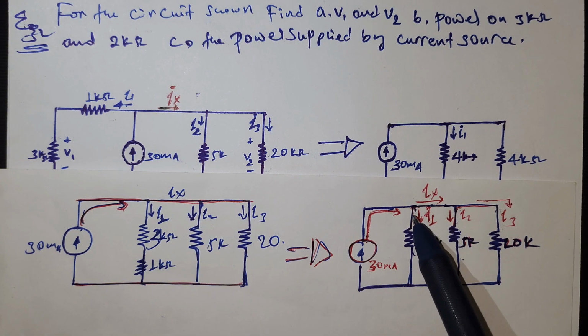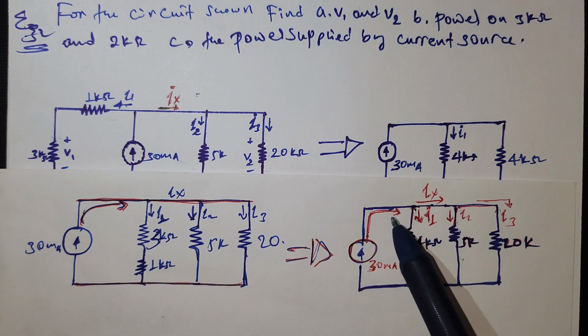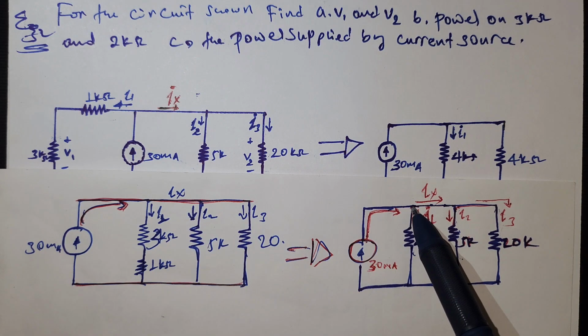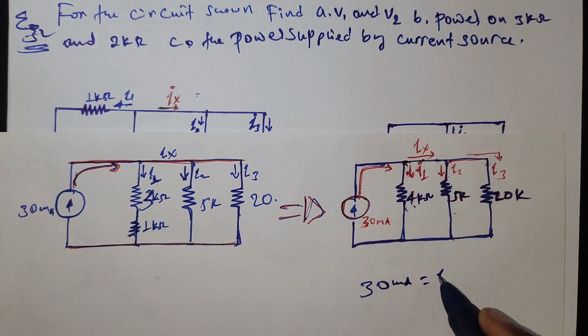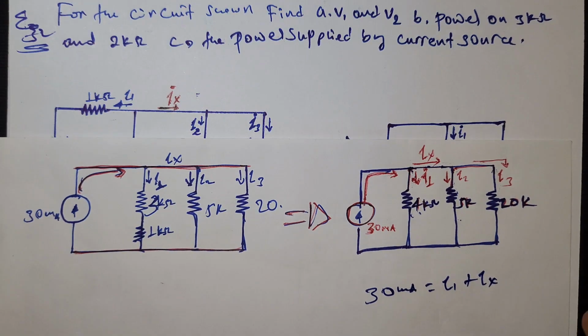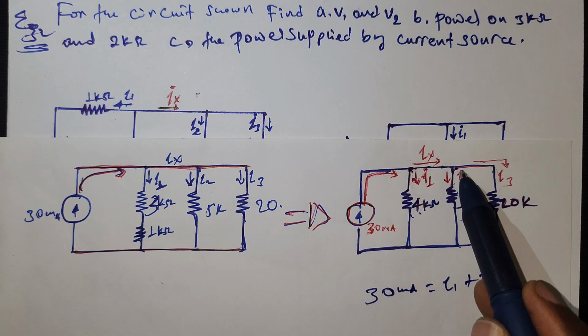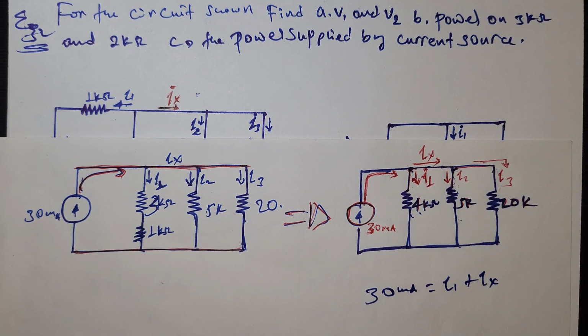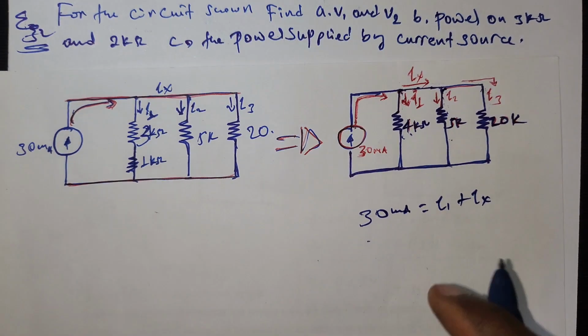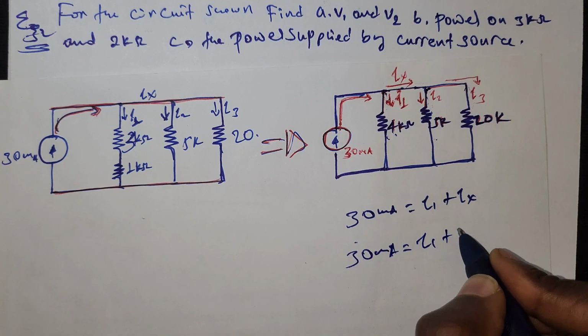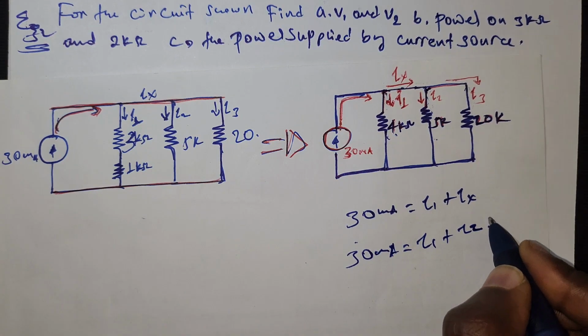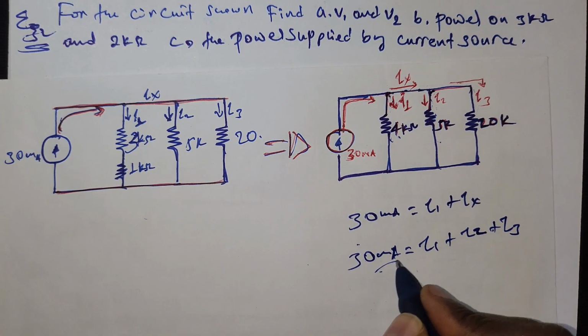From Kirchhoff's current law, the current entering the junction is equal to the current leaving the junction. So 30 milliampere is simply equal to I1 plus IX. IX enters the junction, and I2 and I3 leave, so 30 milliampere is equal to I1 plus I2 plus I3.